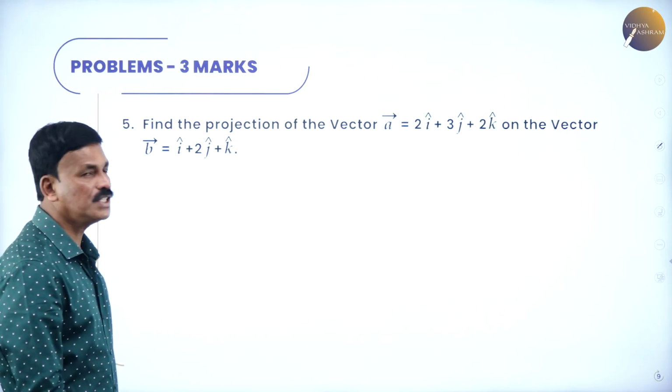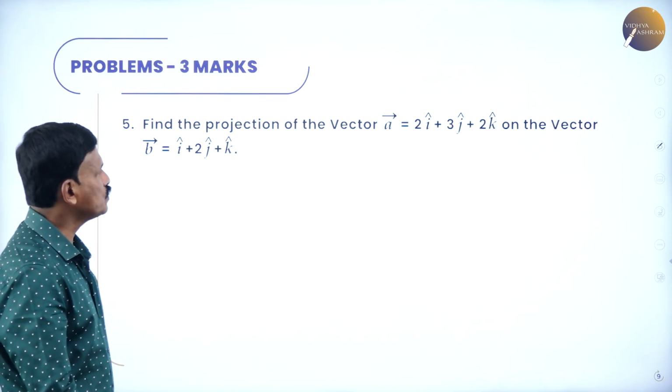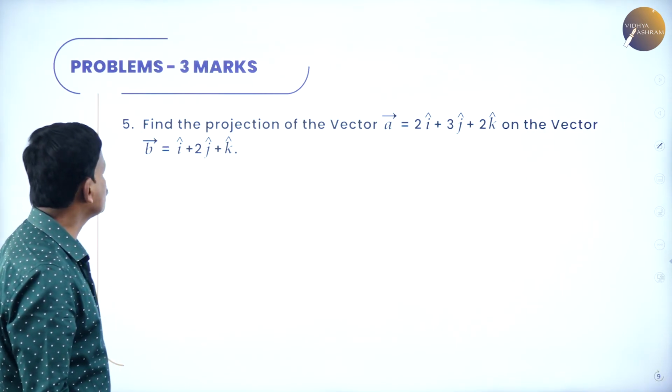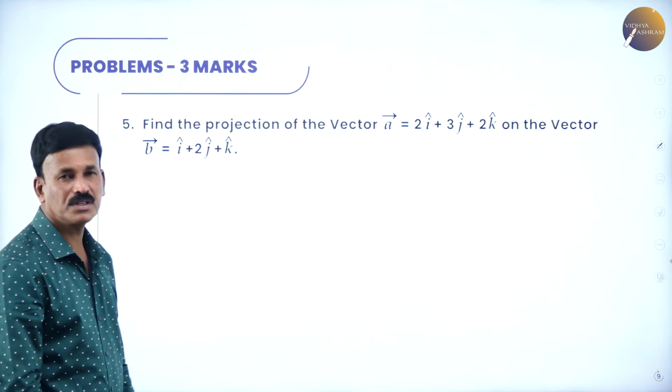The projection of A = 2i + 3j + 2k on the vector B = i + 2j + 3k. This is also very important.